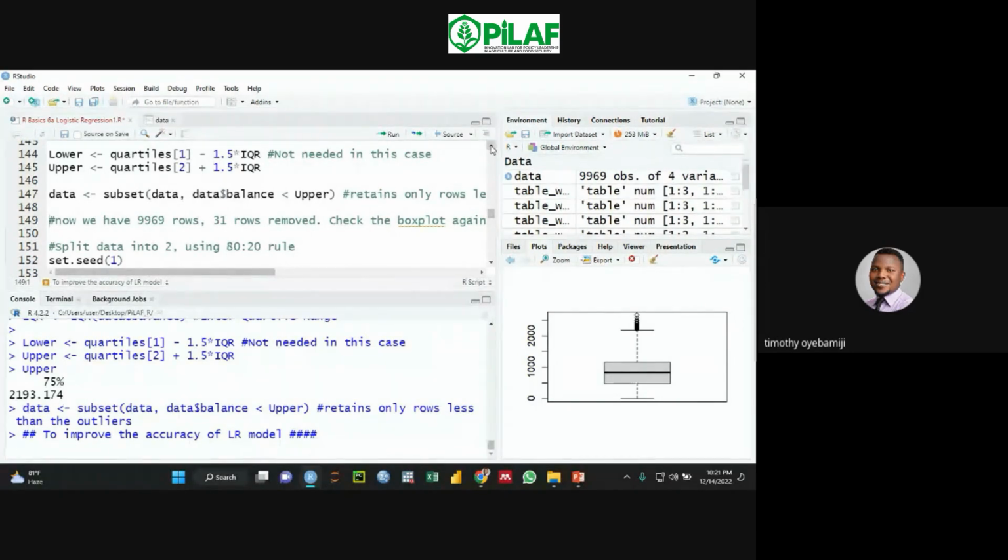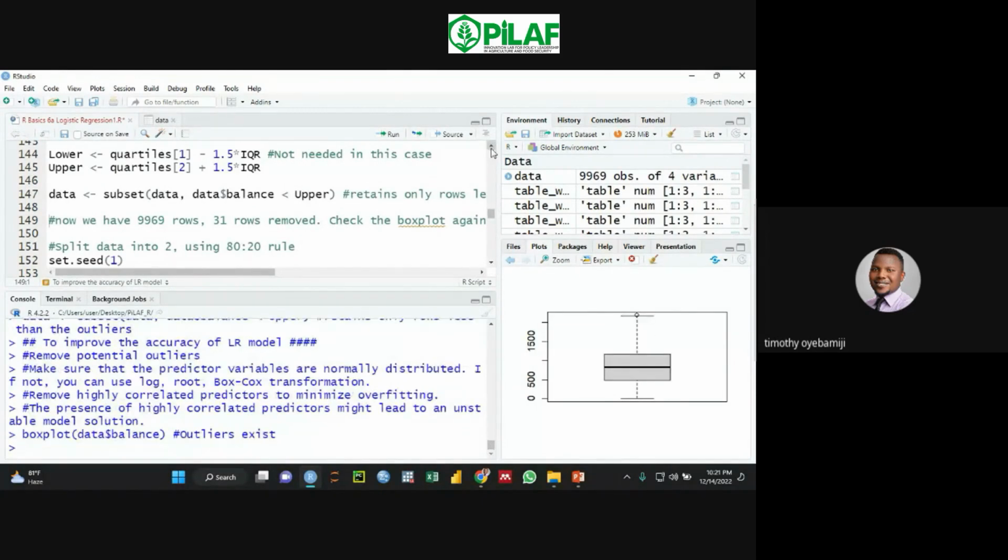I want to confirm if the outliers have been removed. All right. So now we have this. We have one that is just by this point, which is fine because we have 9,969 observations. So it's fine. We can forgive this guy.